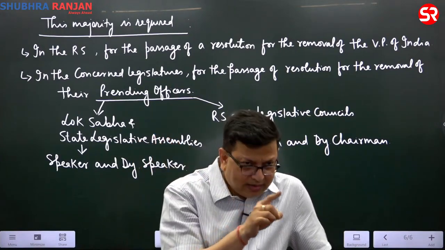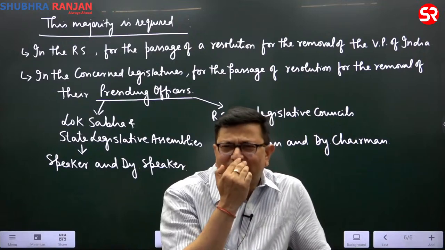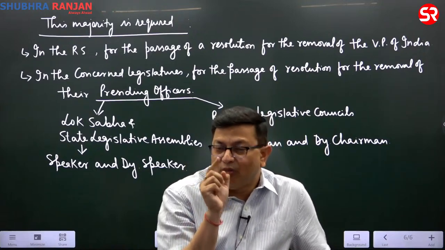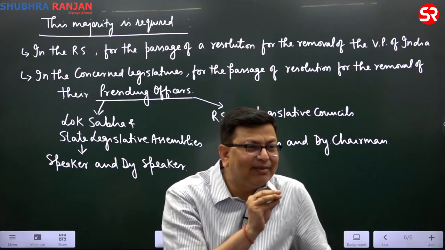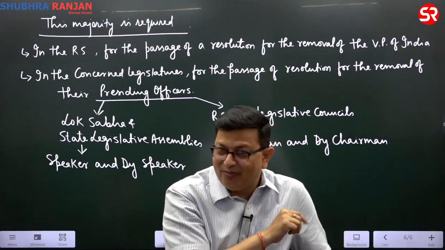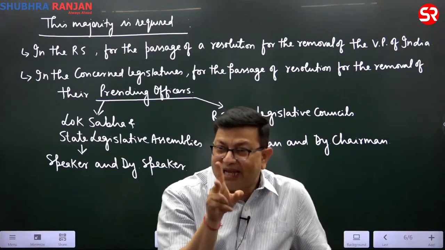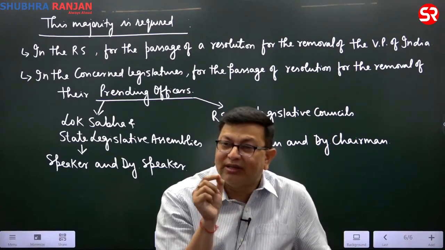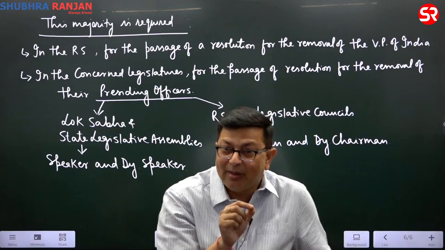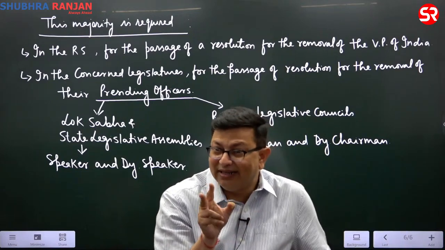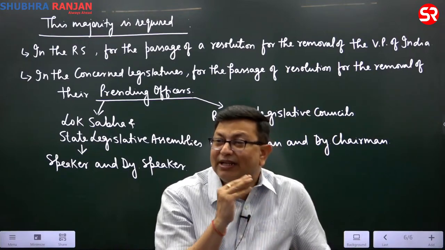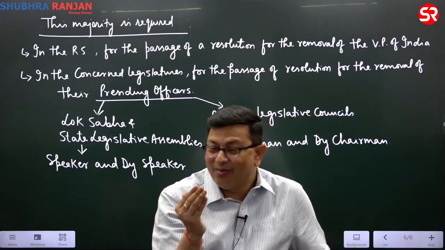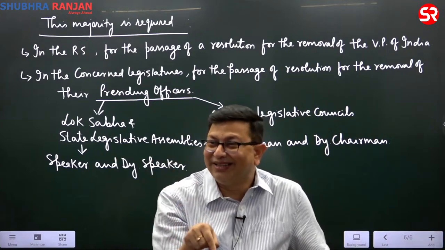In this year's prelims examination also this question is important. Why? Because the speaker of the Bihar Legislative Assembly was removed a few months back when there was a change of government there. No doubt the chief minister remained the same, but he had a coalition with RJD and the coalition failed, and that is why the council of ministers took oath again, but the speaker belonged to the Rashtriya Janata Dal.